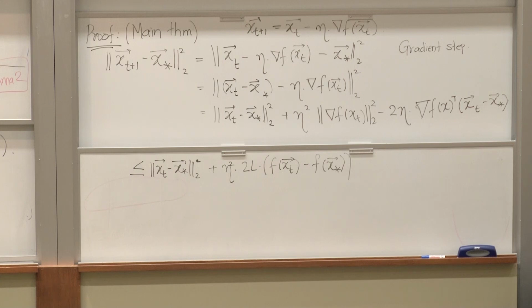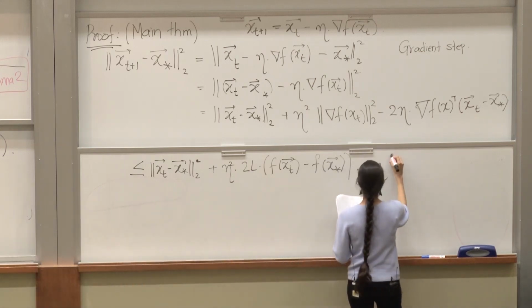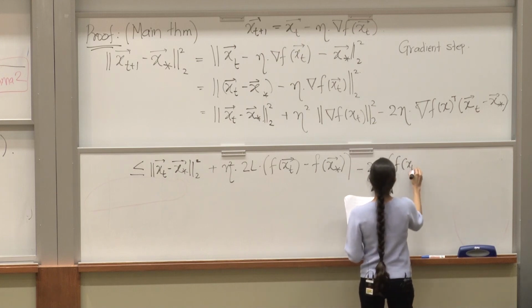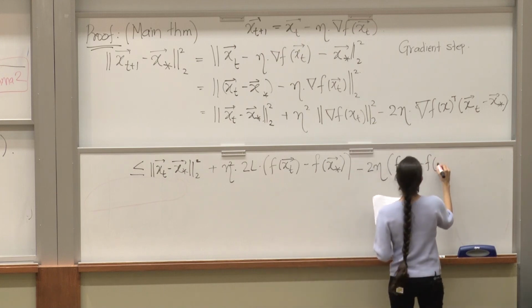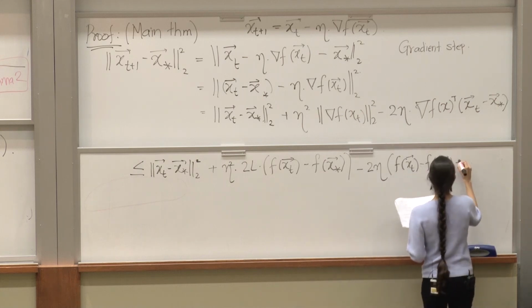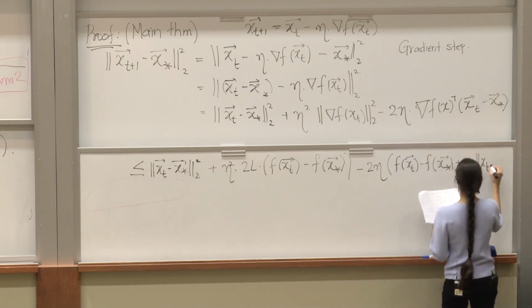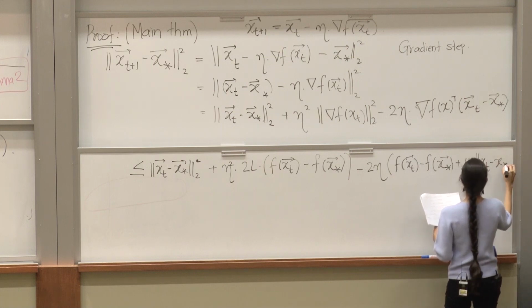If I have A is less than or equal to B, then I have minus A is greater than or equal to minus B. So just by doing that, I can write here 2 eta times f of xt minus f of x star plus mu over 2 xt minus x star.